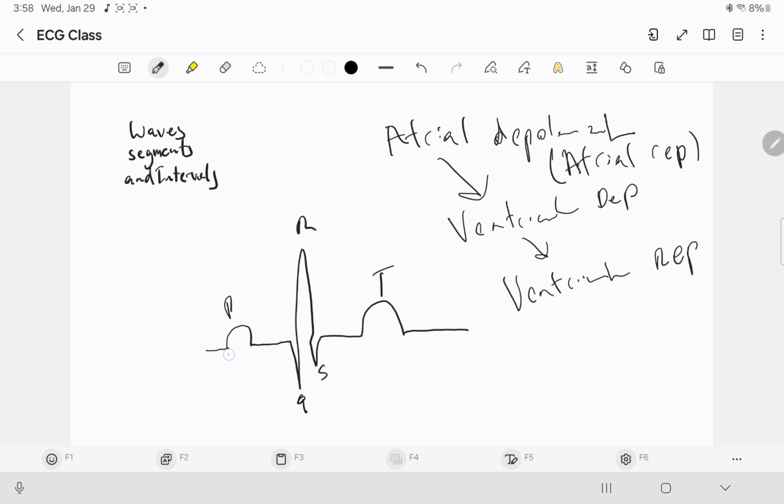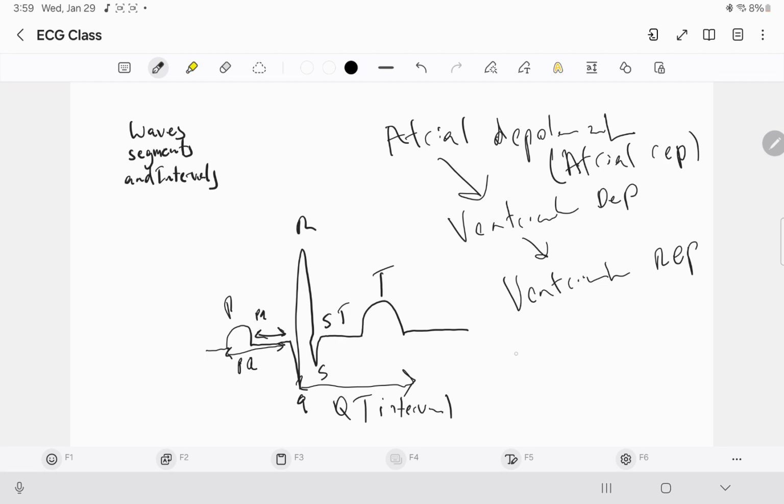This is the PR interval. This is the PR segment. Okay, this is the ST segment, and this is the QT interval.